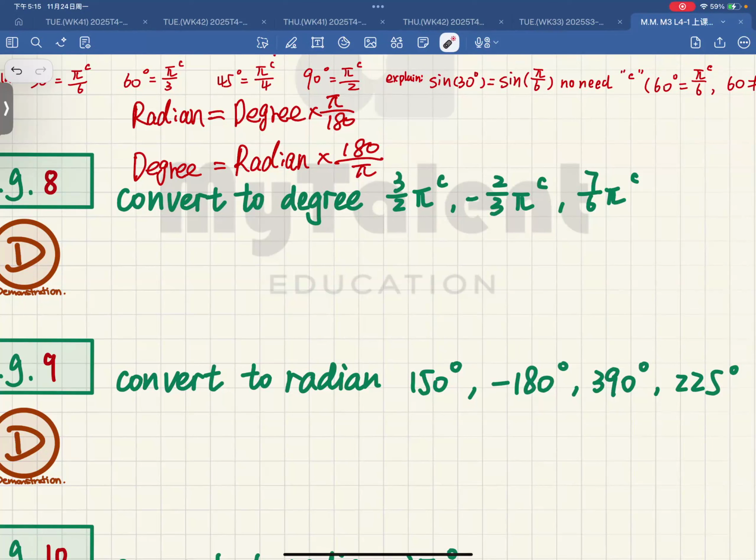Because 3 times 2 over 3, we can cancel the 3s, which makes this one 1, this one 1.